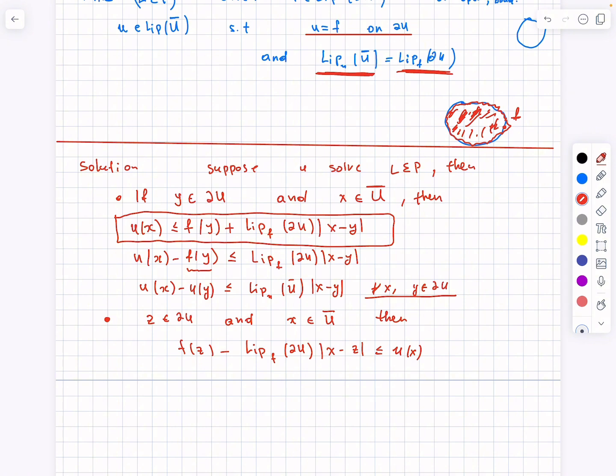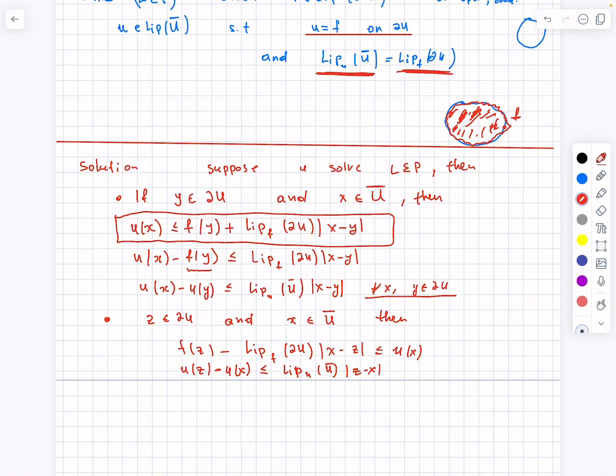Our f(z) is on the boundary, so it is equal to u(z). u(x) we can write on this side: u(x) is less or equal than Lipschitz of u on the whole U times |z - x|, and |x - z| is the same because it's an absolute value.